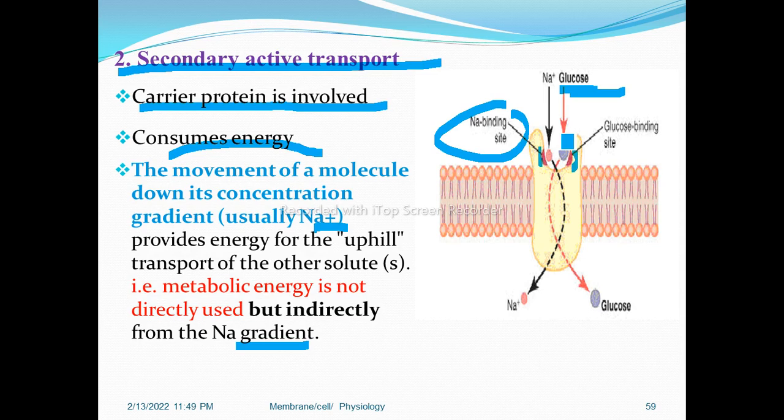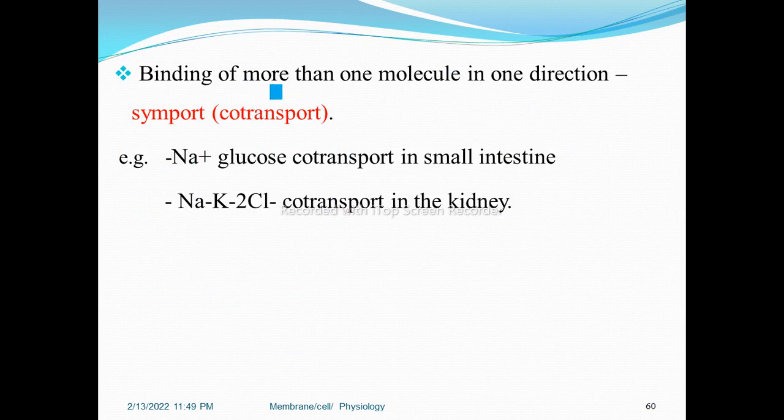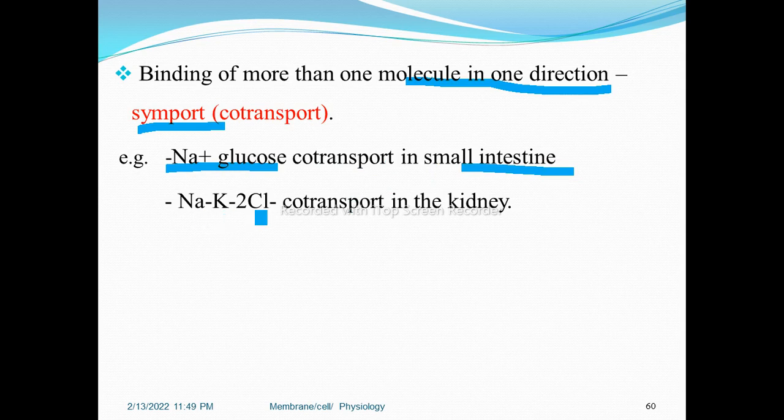The binding of more than one molecule moving in one direction is symport or co-transport. So sodium plus glucose co-transport in the small intestine, and sodium, potassium and chlorine co-transport in the kidney. Sodium is present, so glucose binds with sodium to enter the cell, and potassium and chlorine bind with it.